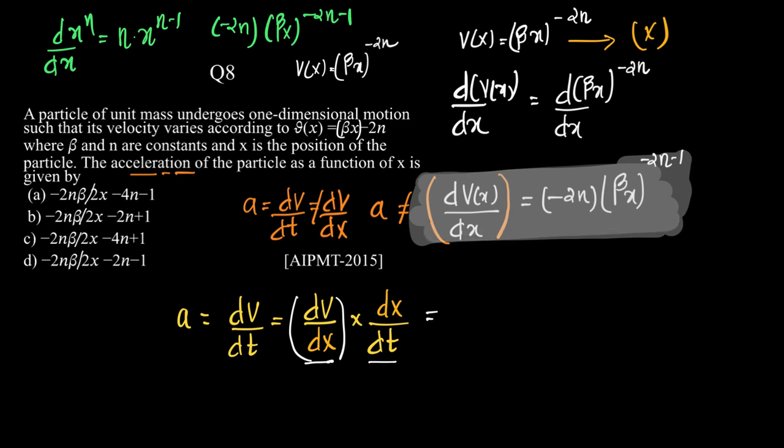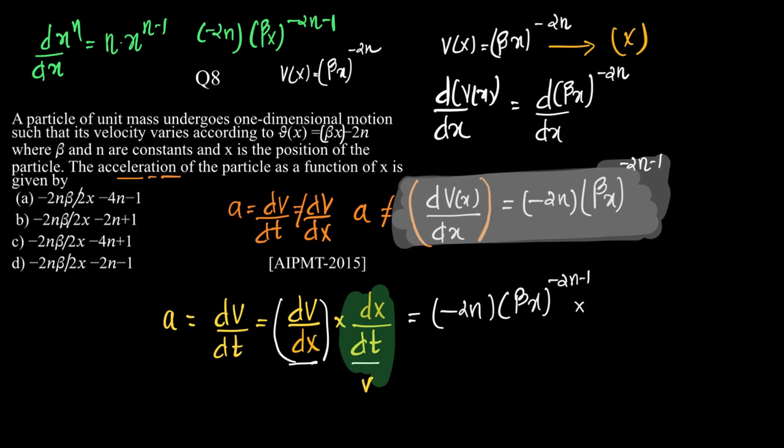But what is interesting is to know what dx by dt is. dx by dt is nothing but velocity. So this becomes minus 2n into (beta x) to the power minus 2n minus 1 into velocity. Velocity is v of x as given in the question, which is (beta x) to the power minus 2n.